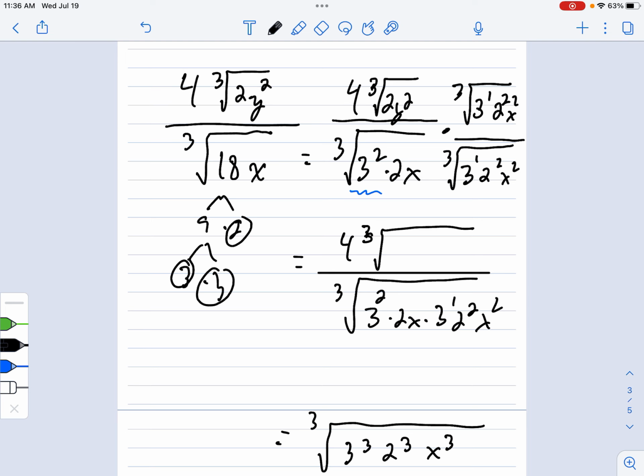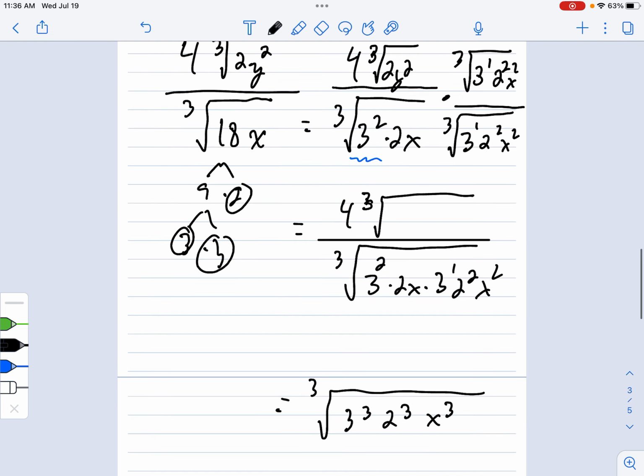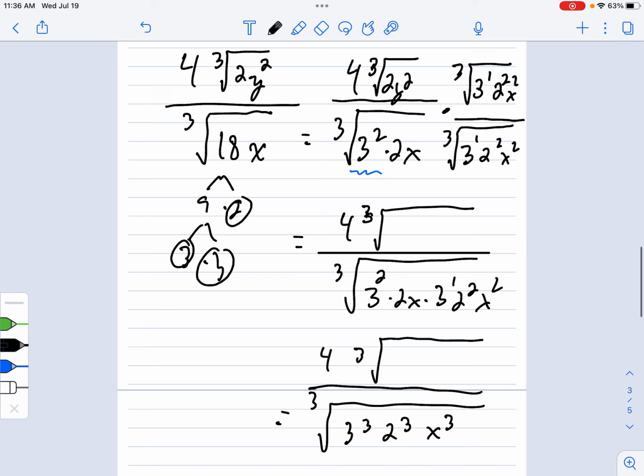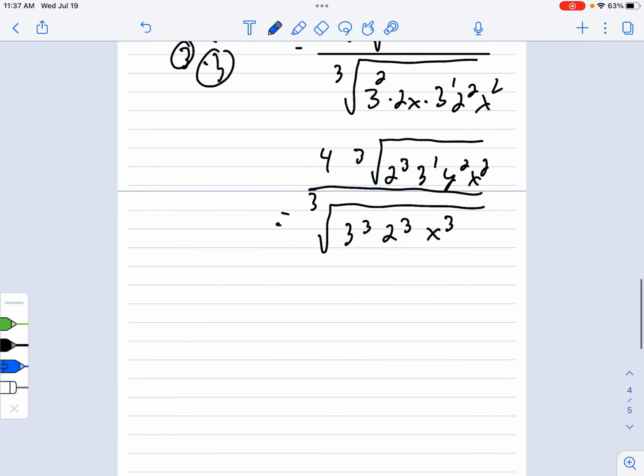So when you multiply this together, you would have 4 times the cube root of 2 to the third, 3 to the first, y to the second, and x to the second. And again, this is from multiplying this and that.